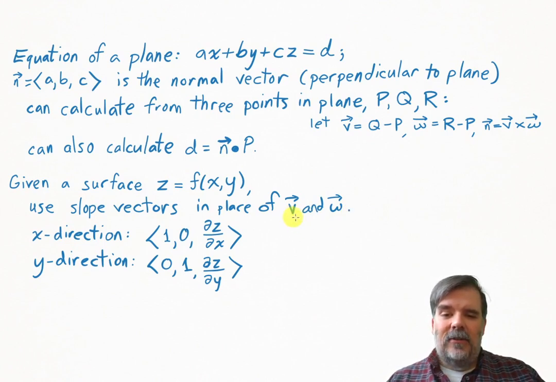The slope vectors that we need, we know how to calculate. The slope vector in the x direction is 1, 0, and the partial derivative of z with respect to x. The slope vector in the y direction is the vector 0, 1, and the partial derivative of z with respect to y. Once we have these 2 vectors, we can calculate our normal vector to get a, b, and c, and we can calculate a dot product with a point P to get d.